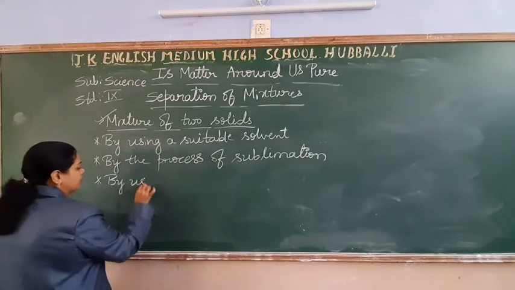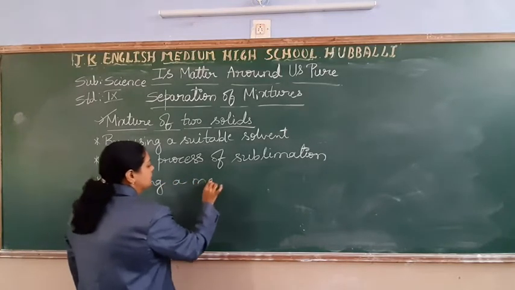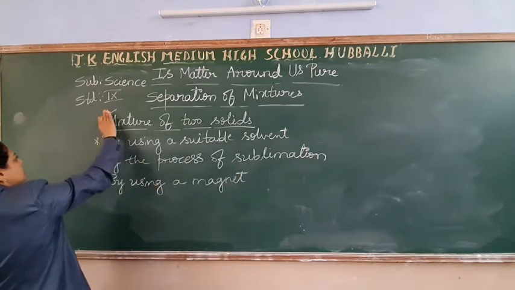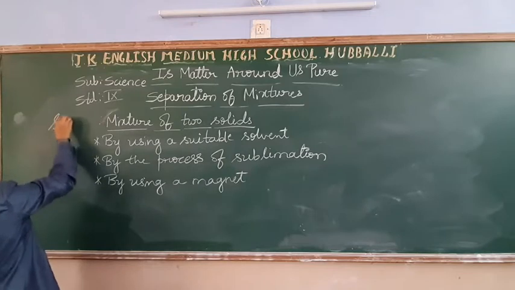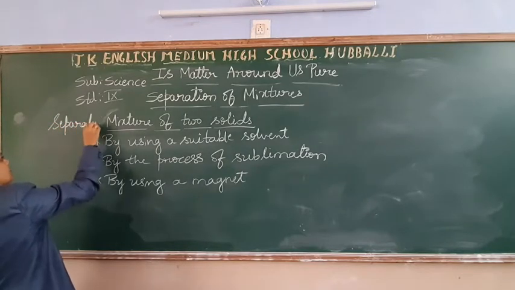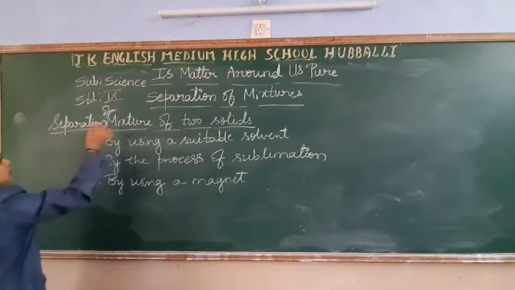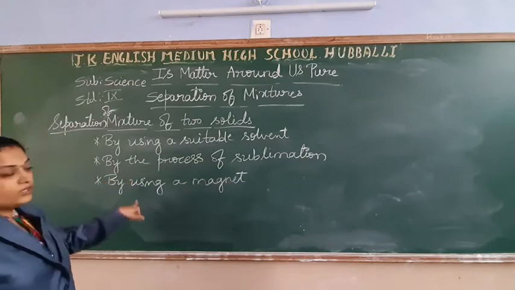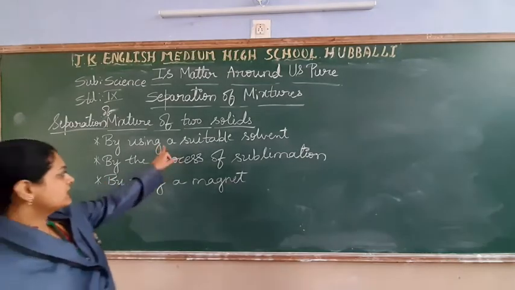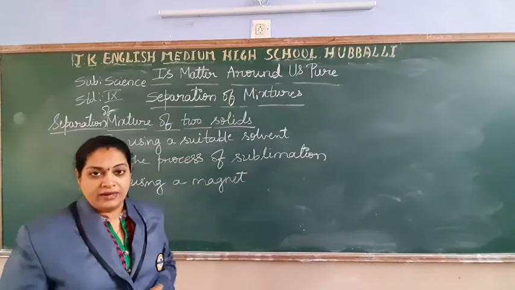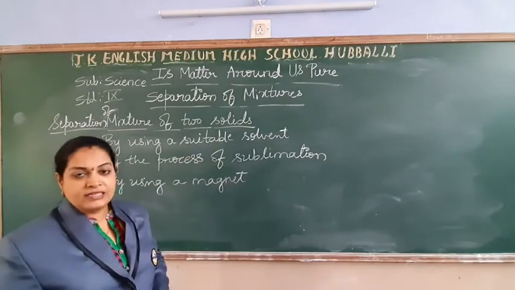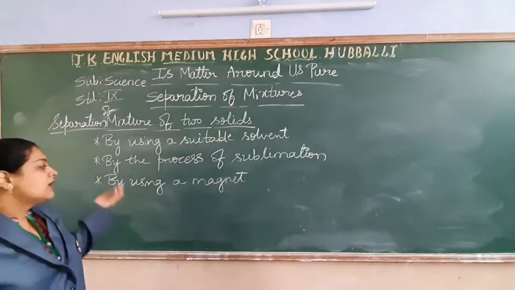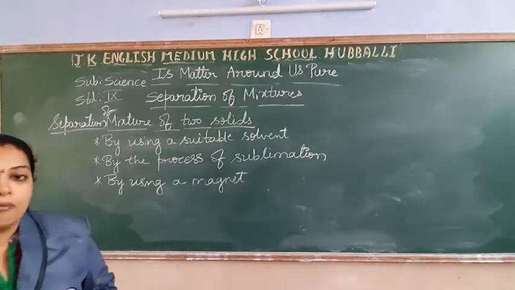So, separation of mixtures of two solids: to separate them, there are three methods we are using, students. One is by using suitable solvents. Now we will discuss one by one. Then the process of sublimation, and one more is by using the magnet.